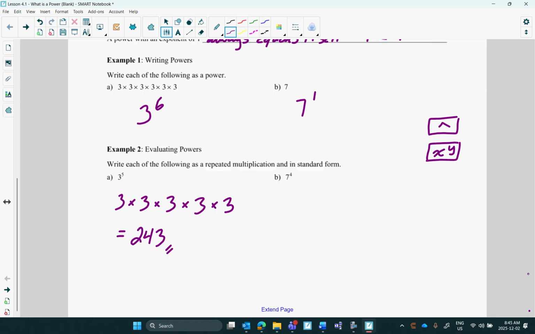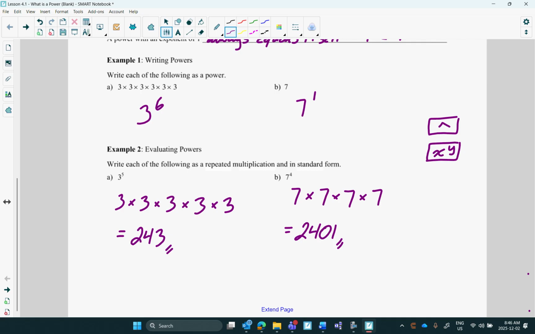Okay. What does 7 to the 4th power mean? 2000. Good. Okay. So all of this should be reviewed.